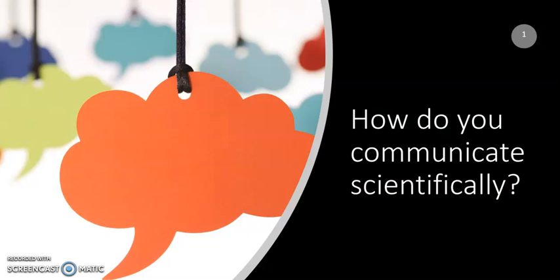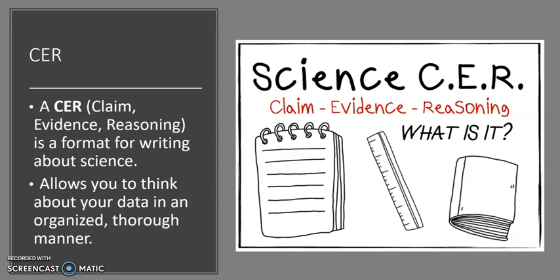There's a couple of different ways that we can do that, but one of them is through a process called CER. CER is an abbreviation for claim, evidence, reasoning. And this is a format that we can use to write about science.